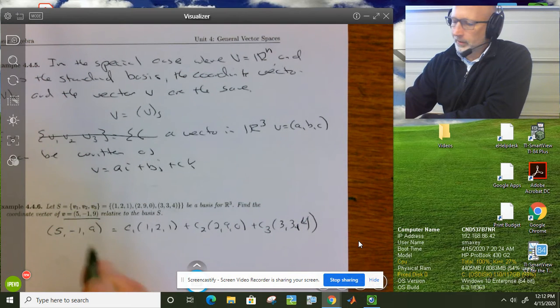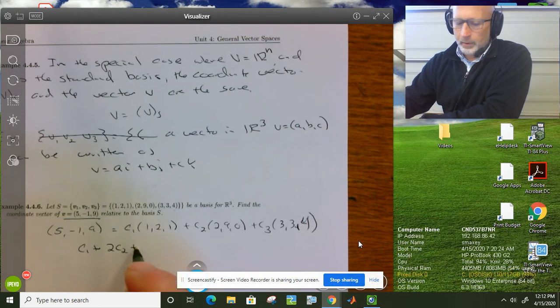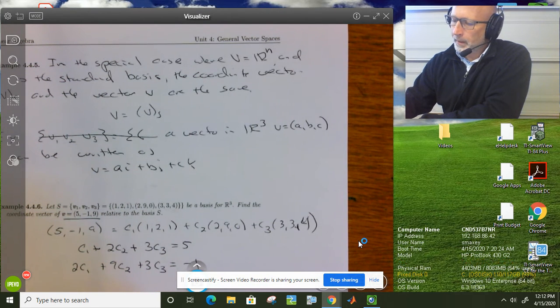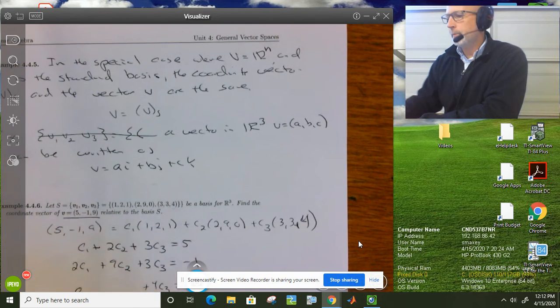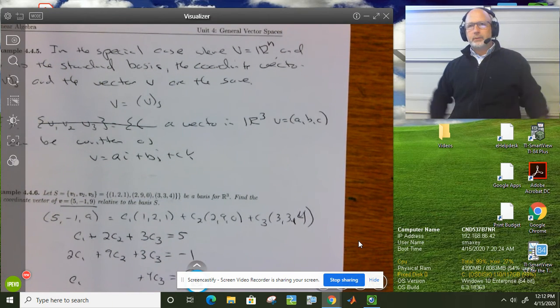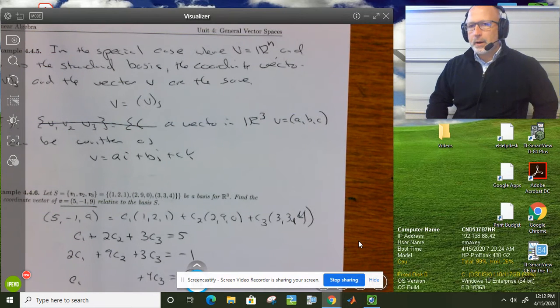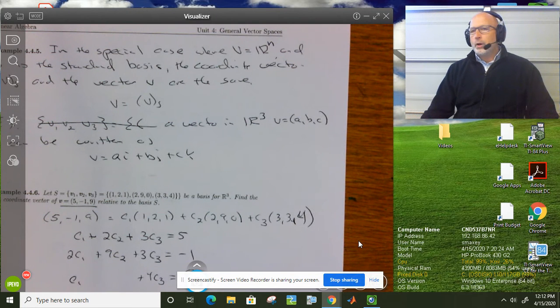Okay, and then rewriting the system, I have c1 plus 2c2 plus 3c3 is equal to 5. And I have 2c1 plus 9c2 plus 3c3 is equal to negative 1. And you have c1 plus 4c3 is equal to 9. That is a system we've had before. We know the determinant of the coefficient matrix is equal to negative 1, so it is invertible.